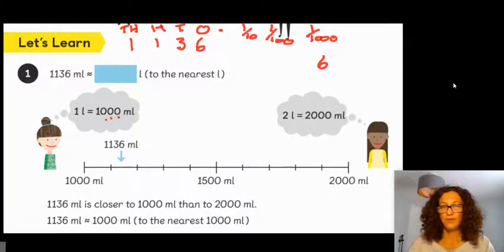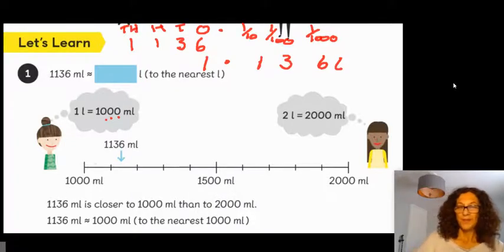My 3's got to move 3 spaces. 1, 2, 3. My 1 has got to move 3 spaces. 1, 2, 3. Remember, the decimal place does not change where it is. And my 1 goes 1, 2, 3. So now I've got 1.136 litres, okay?